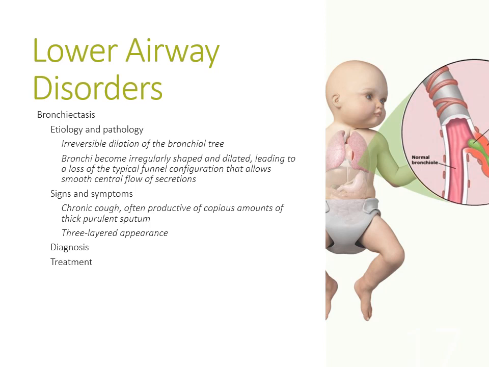Dyspnea on exertion and clubbing of the digits may also be seen in those with chronic problems and chronic hypoxemia. The lower lobes, particularly the left lower lobes, again, are the most commonly involved.